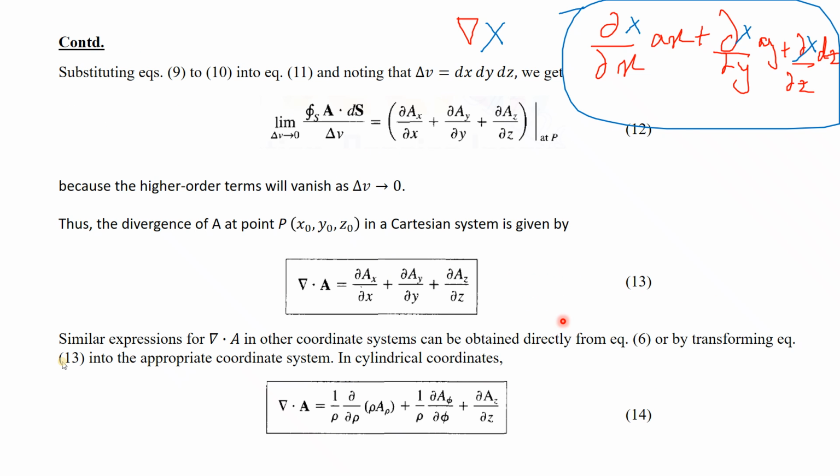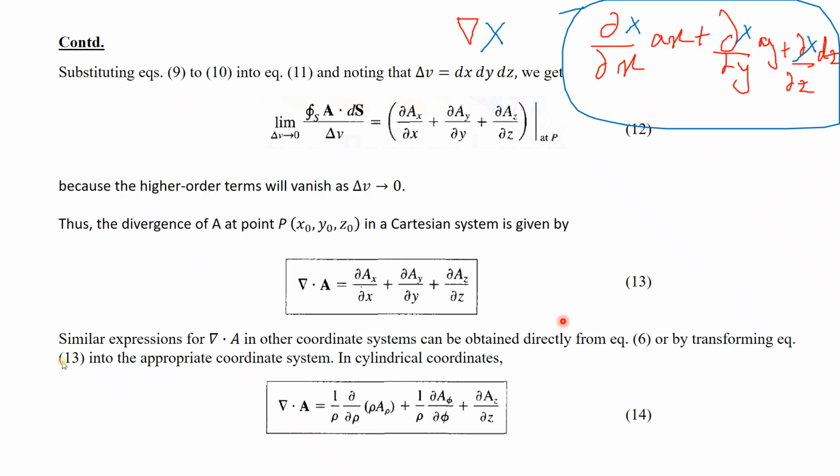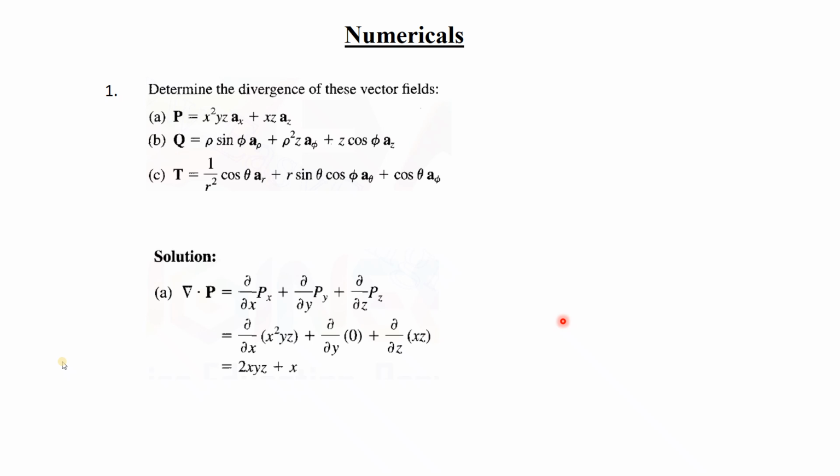As per the equations which we have seen, equation 13 is for Cartesian, 14 is for cylindrical, and 15 is for spherical. We will just use them and calculate the divergence of that particular vector.